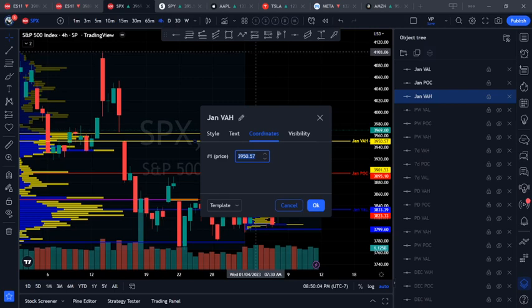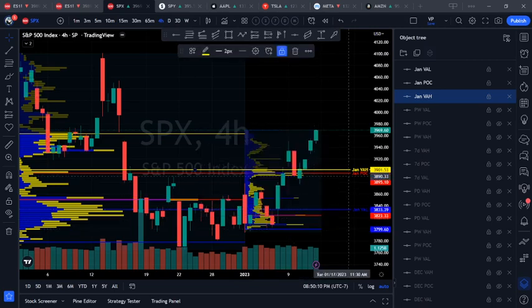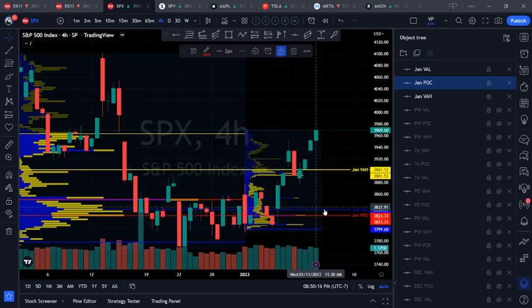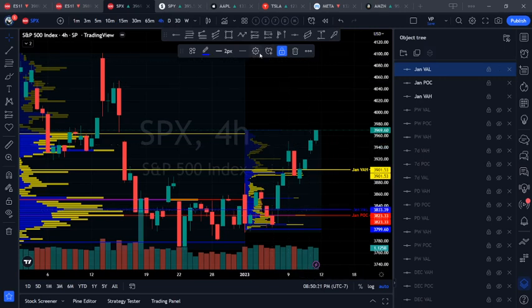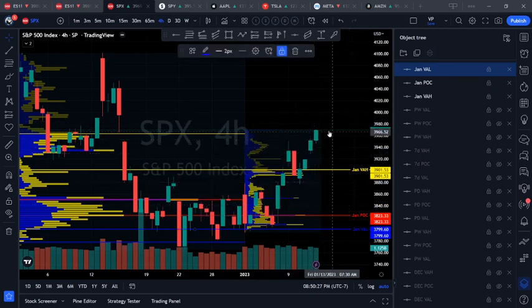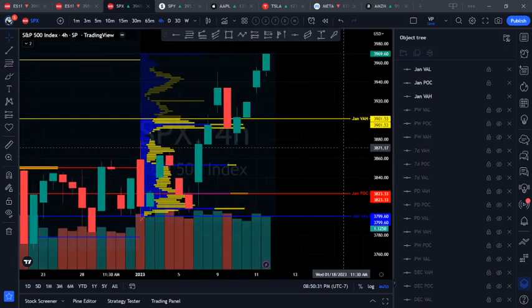These levels on SPX came down: 3901.53, 3823.33, 3799.60. That's really weird because our day was above today and we've got levels on the monthly that are lower. Interesting.